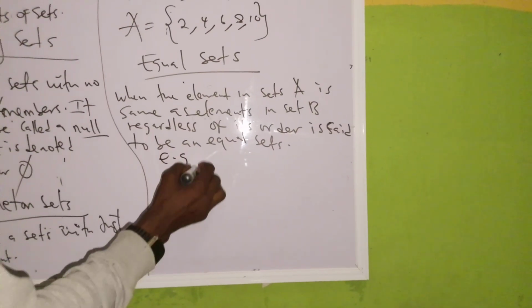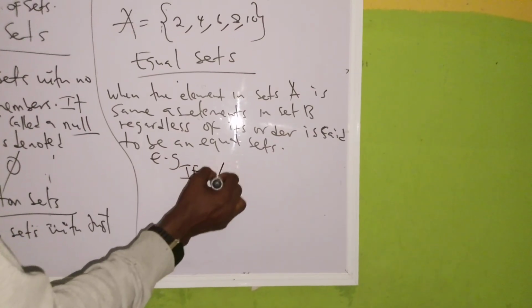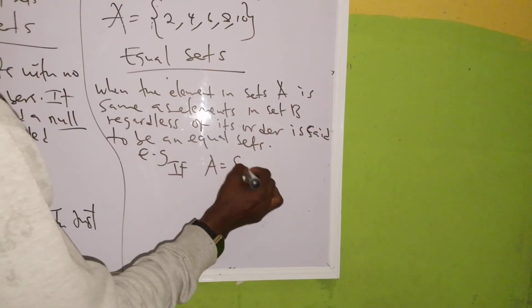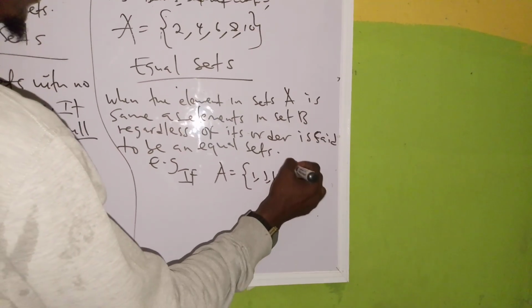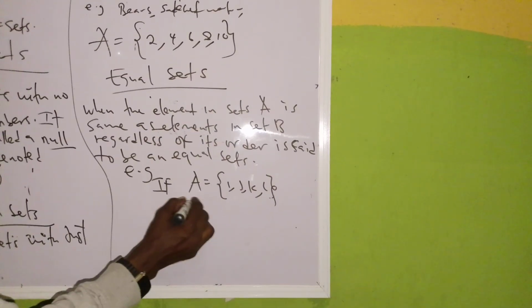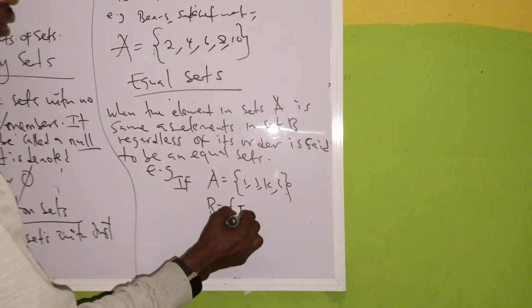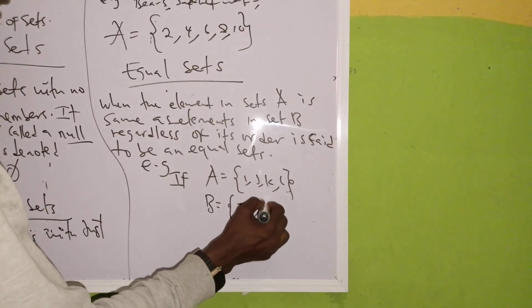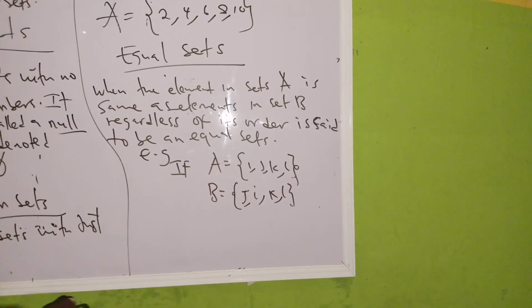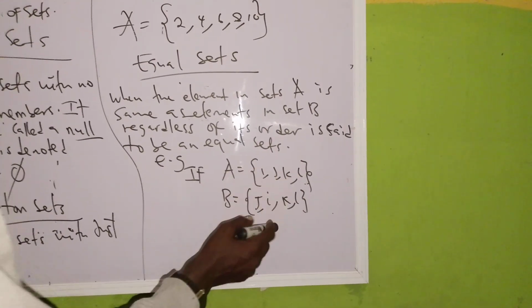E.g., let's suppose that A is equal to {I, J, K, L}, using curly brackets, and B is equal to {J, I, K, L}. If you look at it very well, the same elements you have here, you have here.